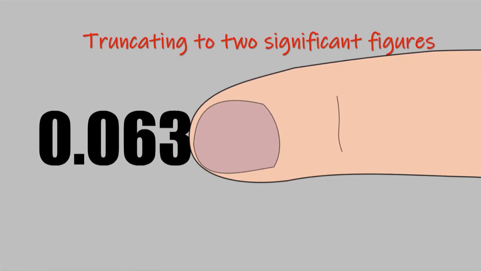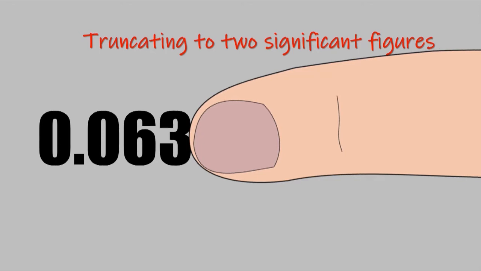So there were places after the 3, but they have just been chopped off. So what's the smallest the number could have been? Well, I suppose there could have been nothing after the 3, and that would have been truncated to 0.063. Or I suppose after the 3 there could have been a 9999999 recurring. That's the highest it could have been.